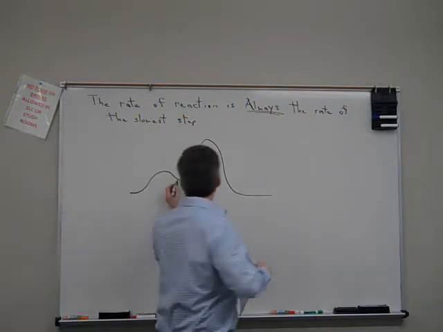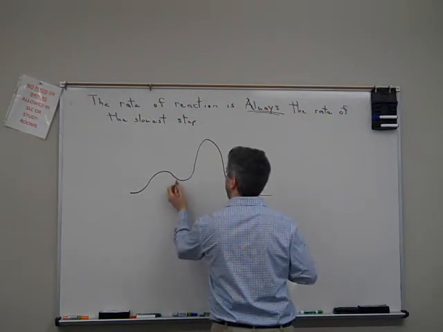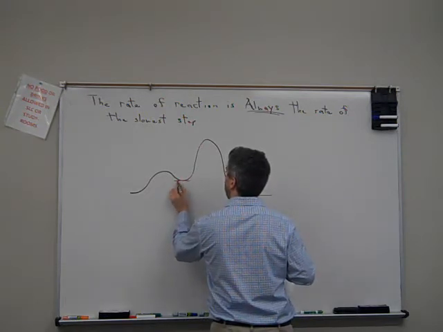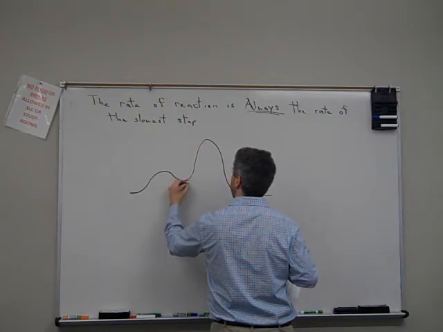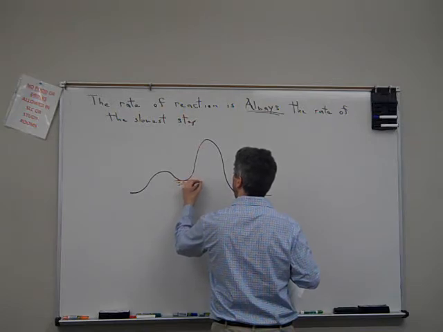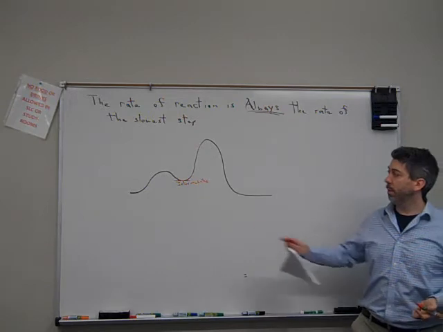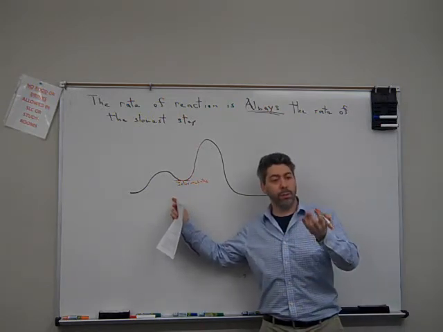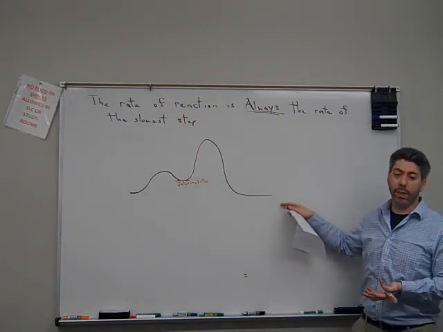So generally speaking, your intermediates are going to be whatever substances are present at this point here. They weren't there to begin with, but they're formed as a result of the first step of the reaction, and then they're used up by the very end.